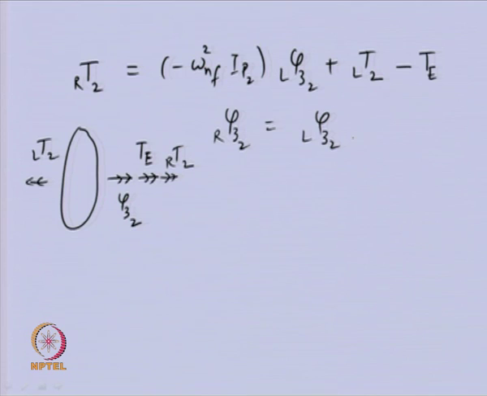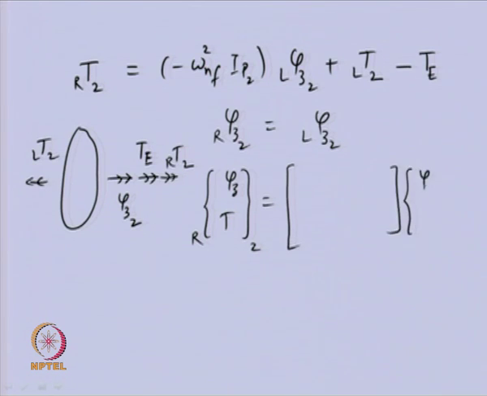Now, these two equations, as we combined earlier, can be combined. So, we will have the field variable right of disk 2 equal to the field variable left of disk 2.